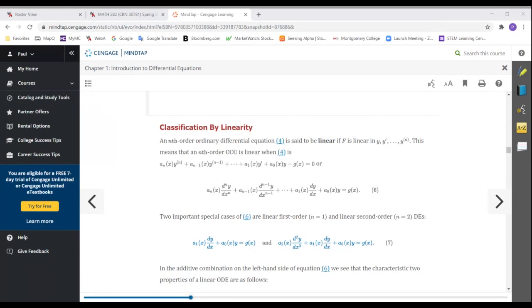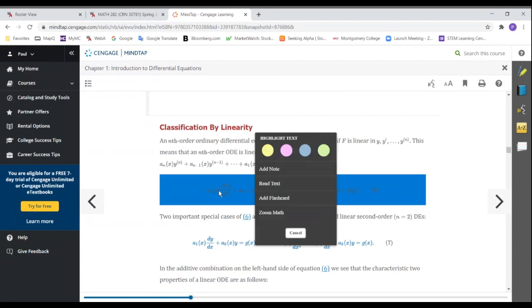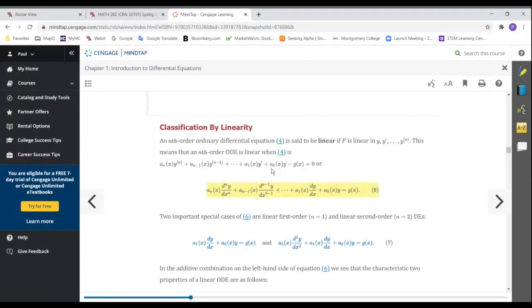Thank you, Kathia. So, in differential equations, there are two common types. There are linear differential equations and nonlinear differential equations. And the formal definition of a linear differential equation in y is given right here.